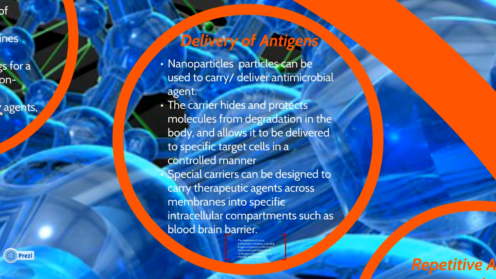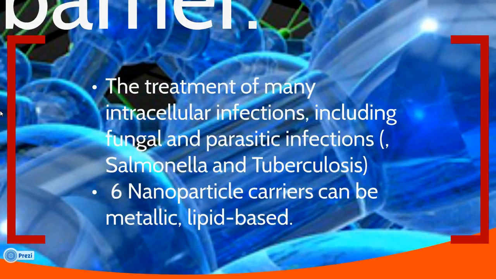Special carriers can be designed to carry therapeutic drugs across membranes into specific intracellular compartments, such as across the blood-brain barrier. This can be used for the treatment of many intracellular infections, including fungal and parasitic infections, salmonella and tuberculosis. Nanoparticle carriers can be metallic or lipid-based.